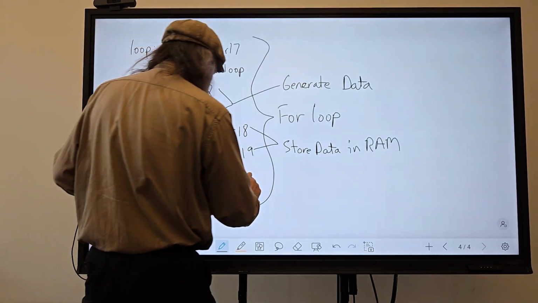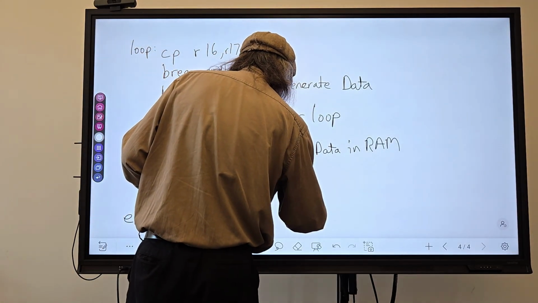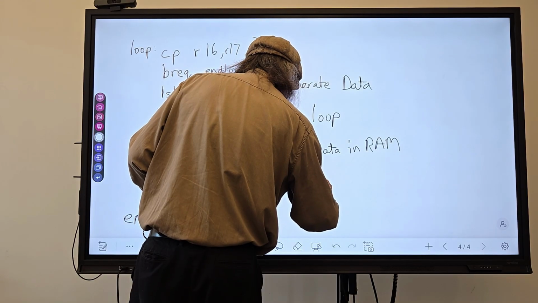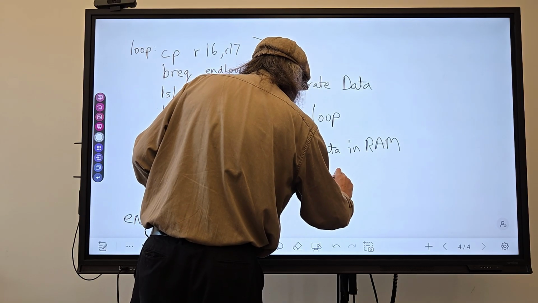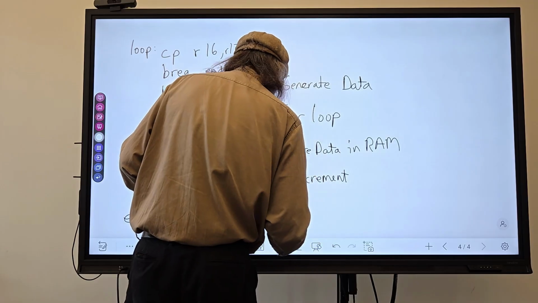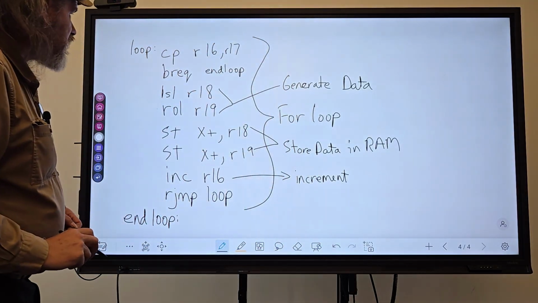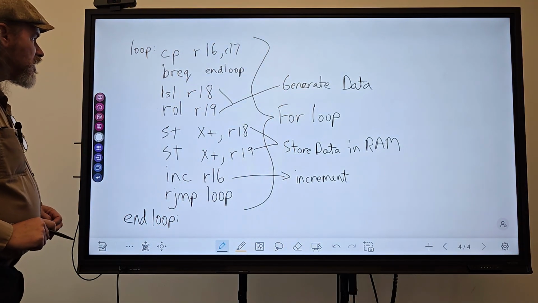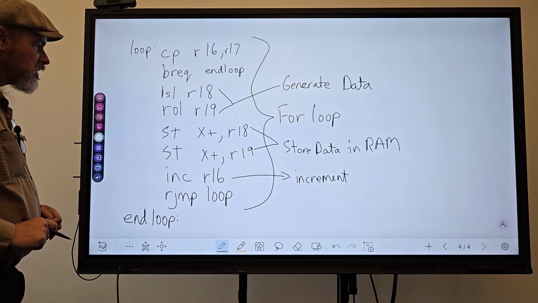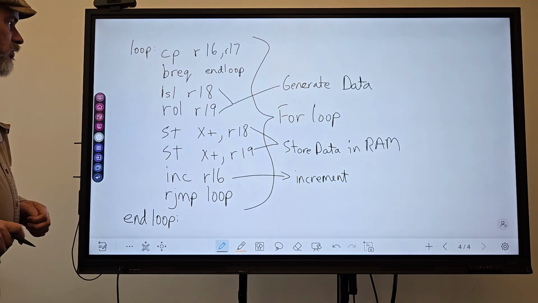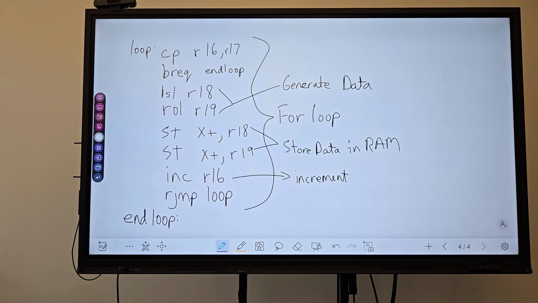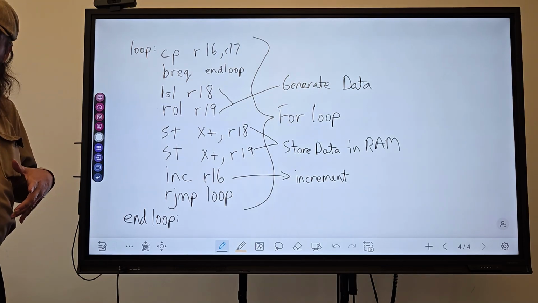INC is increment. So that's your for loop to define the array.